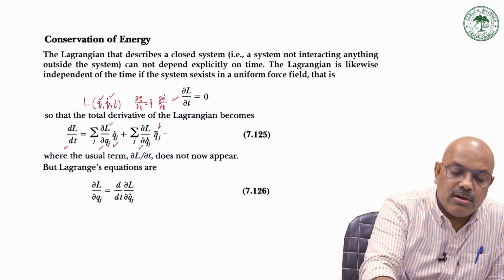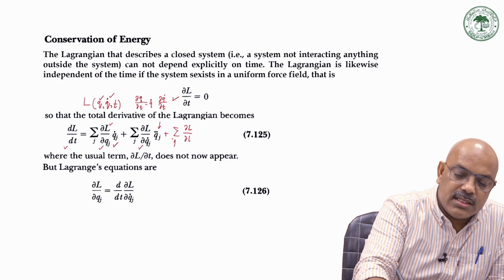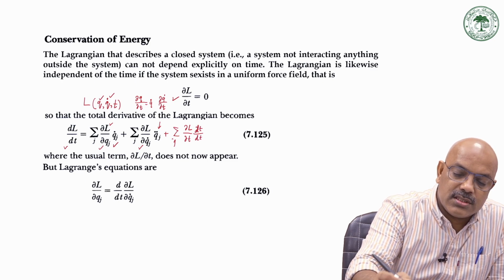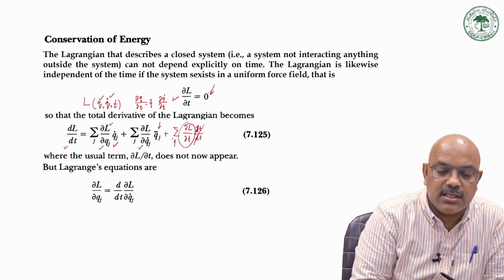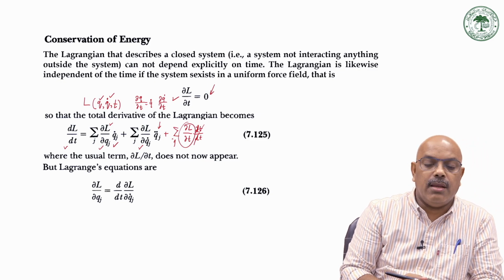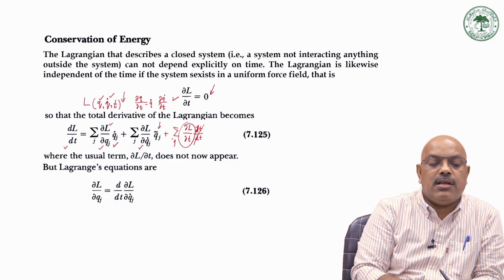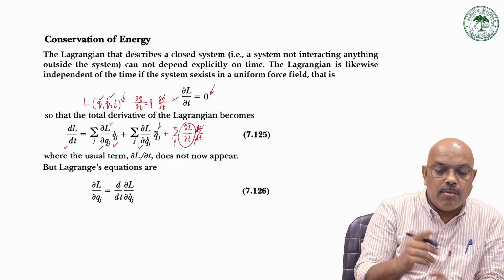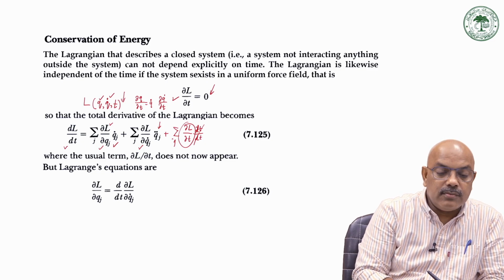And then you have the term, sum over j, del L by del t times dt by dt, so this is going to be 1, and this is already 0 because we have considered that my Lagrangian is independent of time. But anyhow, if you are doing the total derivative, this component is there, but by demand it is going to be 0.